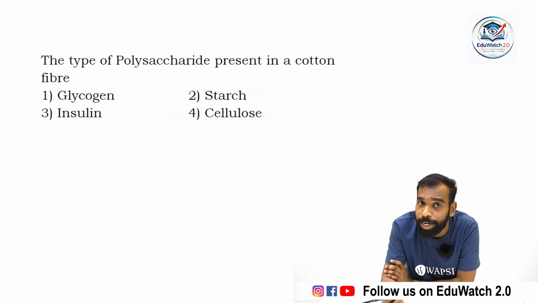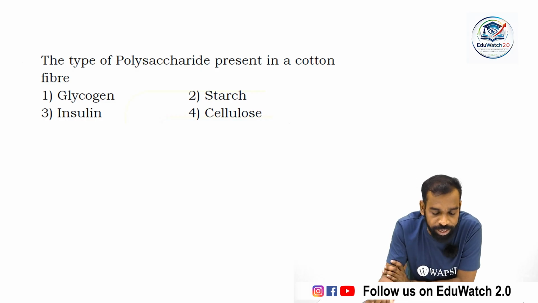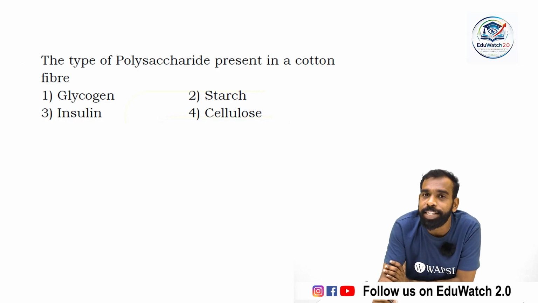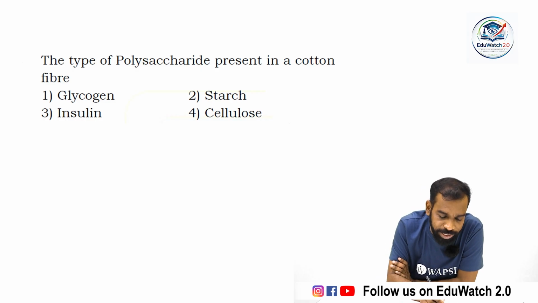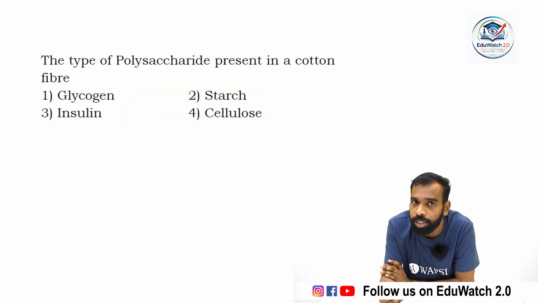Glycogen is a branched polysaccharide. It is not found in cotton. Starch is synthesized by the process of photosynthesis. Insulin is a protein, and cellulose is a polysaccharide present in cotton fiber.